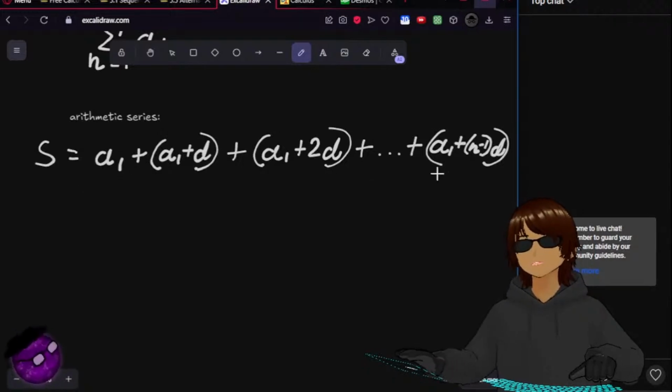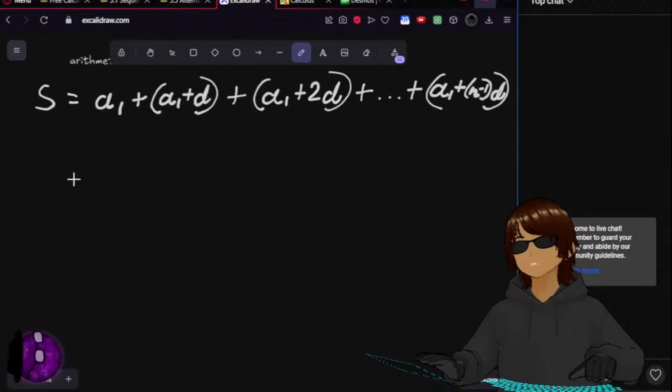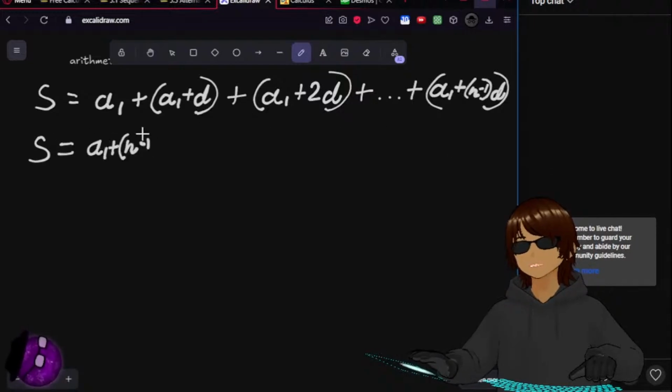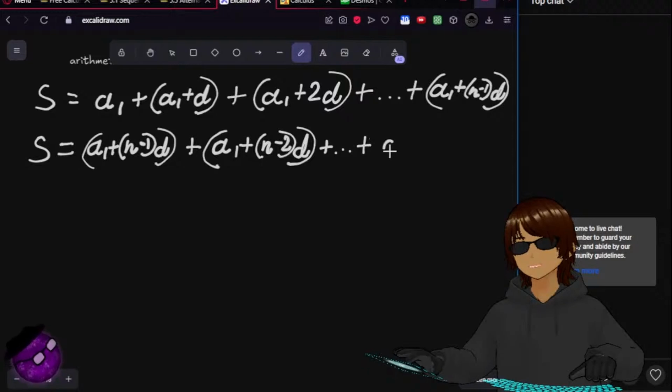Instead of adding them all one by one, we can calculate the series by a simple formula. So I can also represent S in reverse. So A1 plus n minus 1 d, this is the last term. And then this is the second last term, and then this is the second term, and then this is the first term.